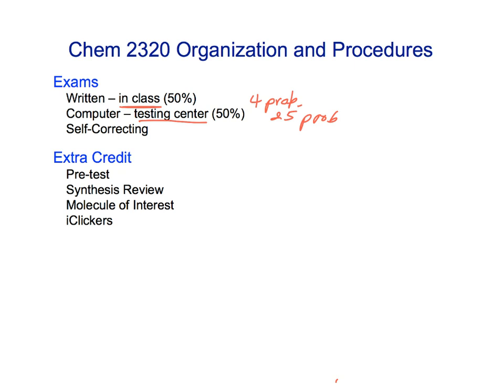Now, the thing that's even different, which I've been using for quite a few years, is what I call a self-correcting approach to the computer part of the exam. What that means is after the 2.5-day testing window is closed for the main test, I'll open up another version of that test, and you have about 3 more days or so to redo it if you want.